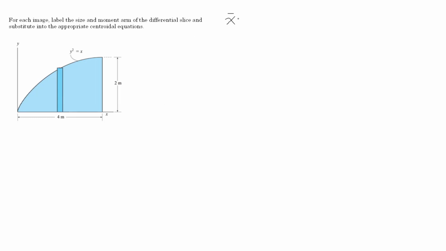X bar is actually a ratio. It's the integral of my x tilde dA, and this is my area, obviously with the corresponding boundary. And later, my second part is my differential of area.